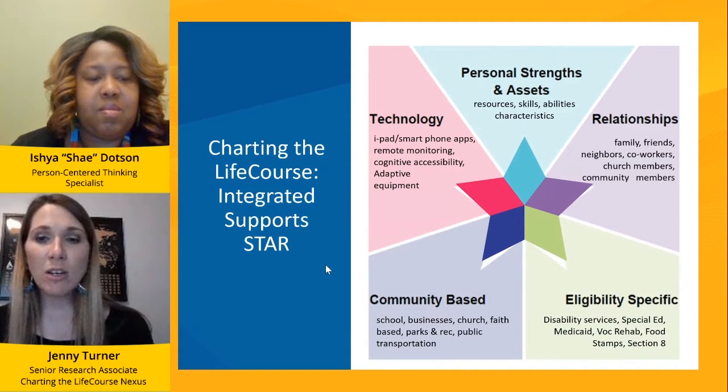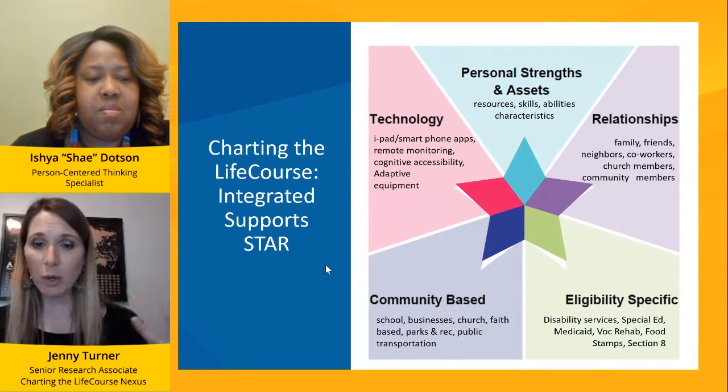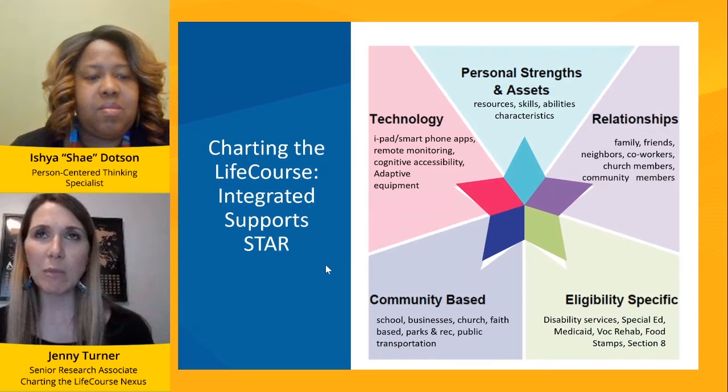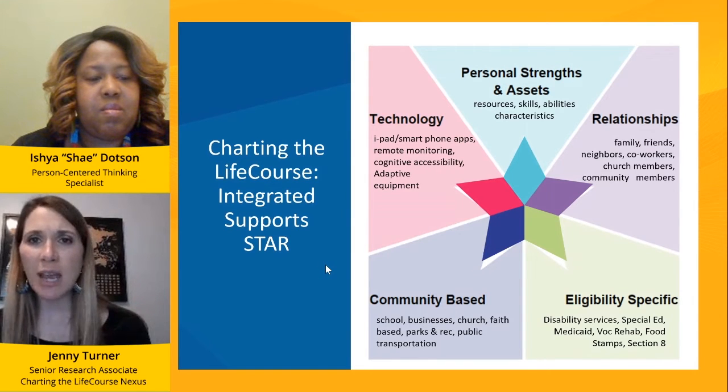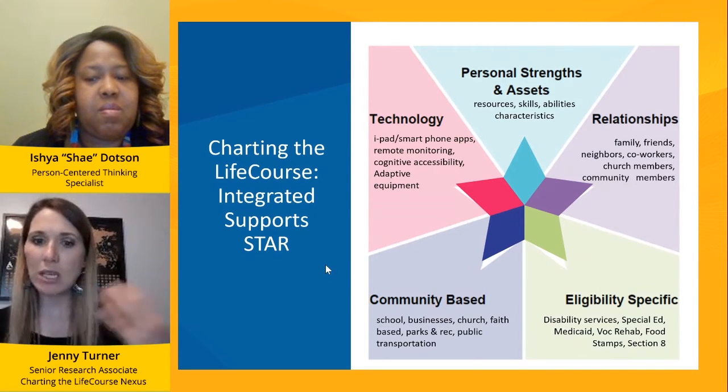And so we started to think about, what are the different types of resources that any individuals, again, back to our core belief that all people and their families have that right to live their good life. So what are the different types of supports and resources that everybody accesses? As we worked with stakeholders to make those lists and categorize those different things, it really shook out into these 5 areas.